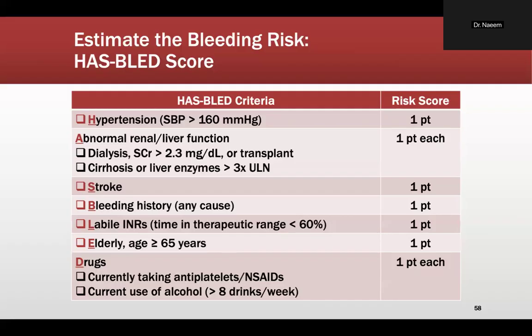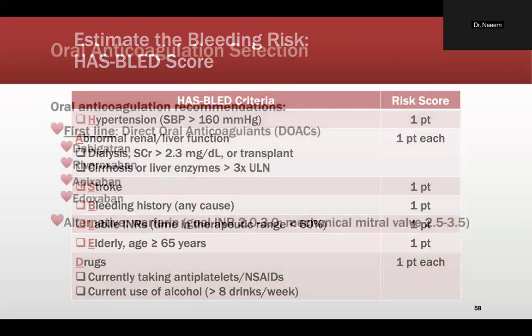We do not use these scoring criteria for an actual formation of a clot. At that point, the patient does need to be anticoagulated. So there's no scoring or weighing whether this patient is a candidate or not. It's only for the condition of AFib where we would use these scoring criteria. I hope that that's as clear as possible.